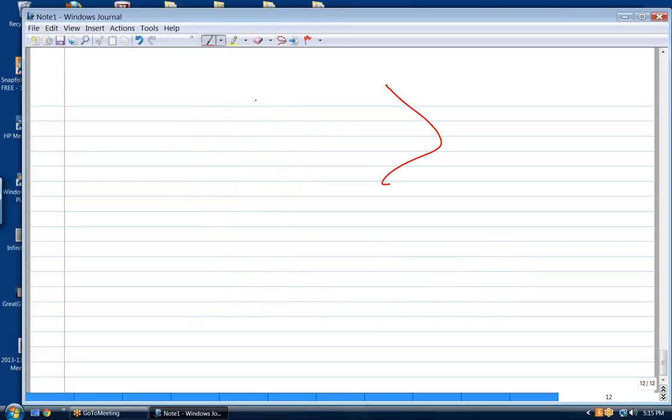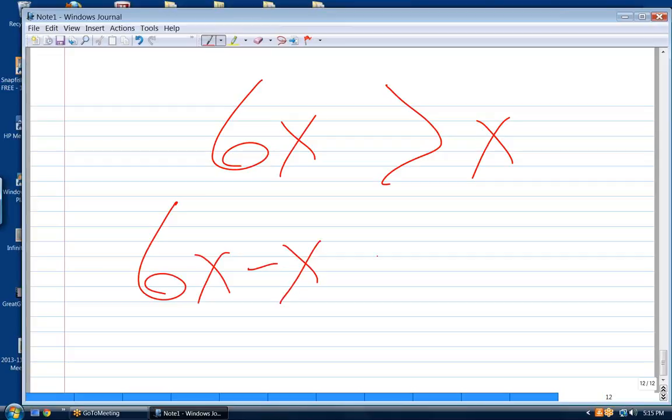In other words, if I said 6x is greater than x, solve that. So you divide by 6. And you definitely do not divide by x, because we don't know if x is positive or negative, so we won't know whether to turn the inequality sign around. The way I solve this is to subtract x from both sides, leaving 0.